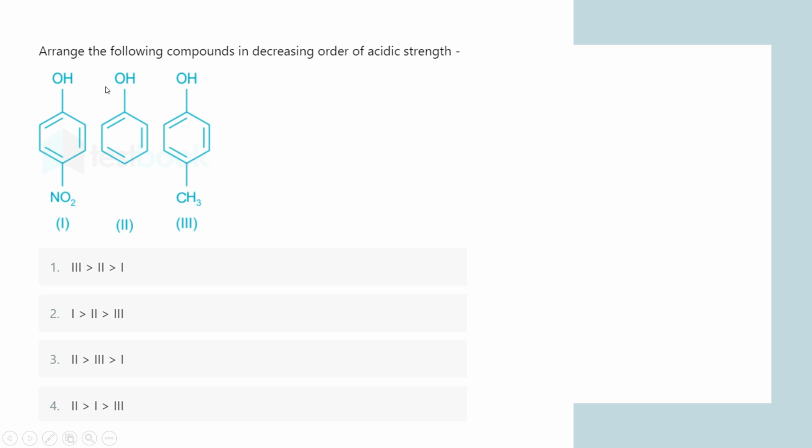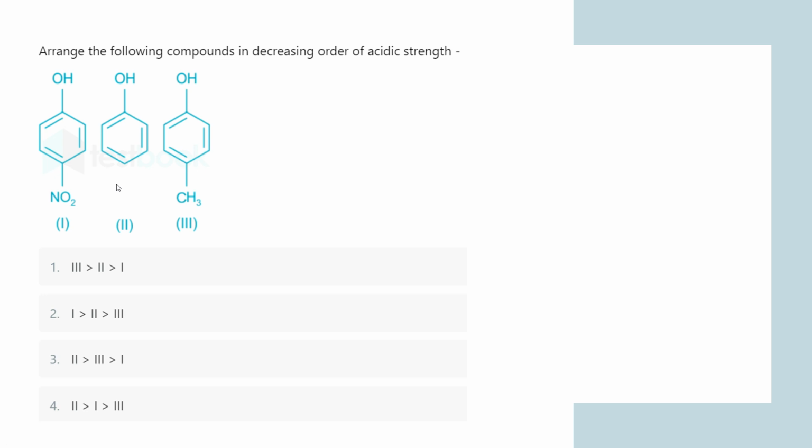Okay, the conjugate base after donating the proton will be phenoxide ion, and phenoxide ion can undergo conjugation with this phenyl ring, and that makes this phenoxide ion a highly stable anion. Okay, and due to the formation of this stable conjugate base of phenol, phenol is highly acidic.